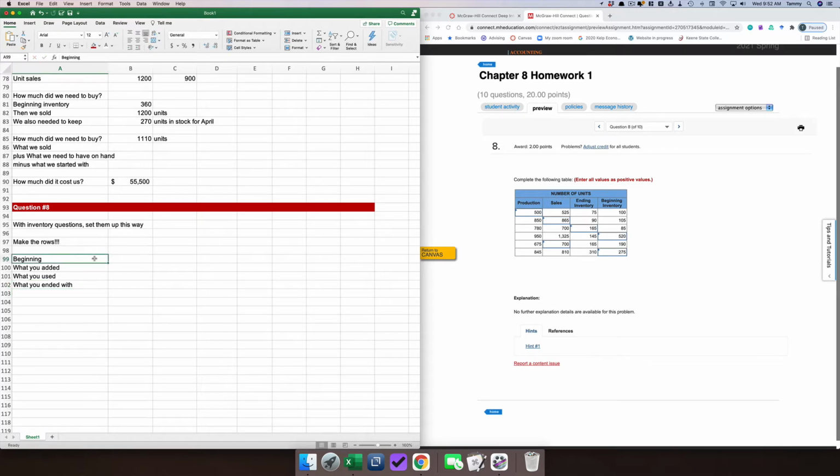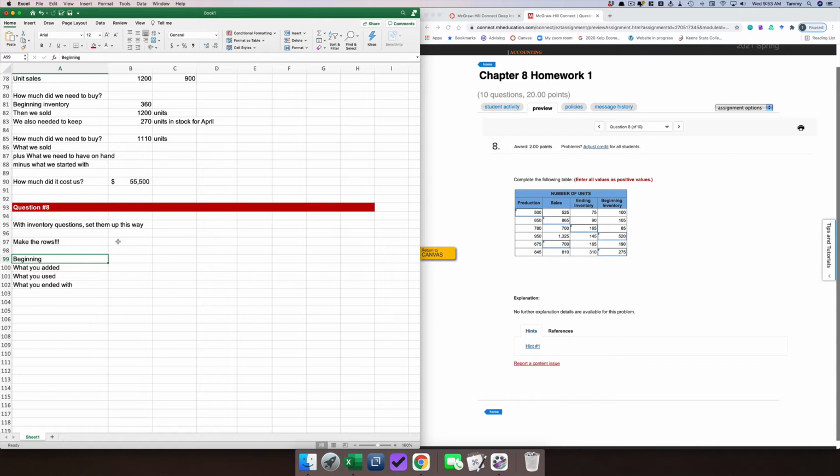You're going to find numerous examples of this kind of analysis. So here we have beginning inventory, here's what you produced, here's what you got rid of, and here's your ending inventory.